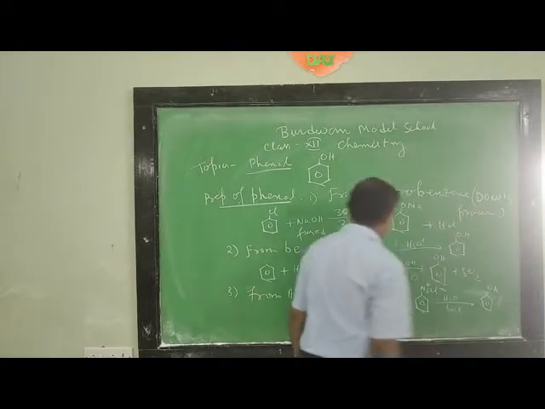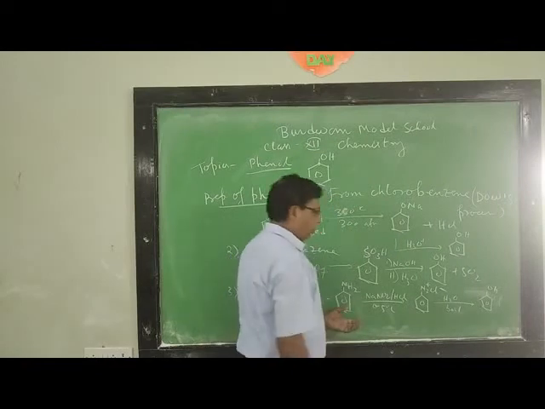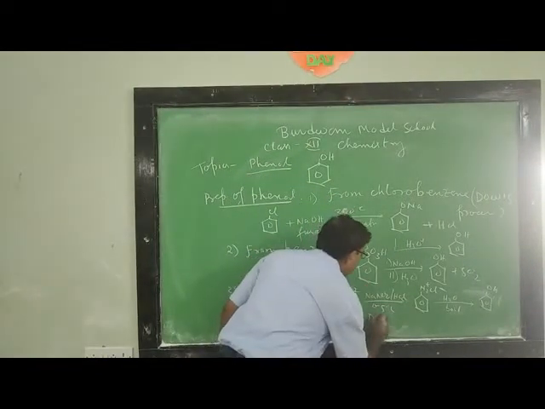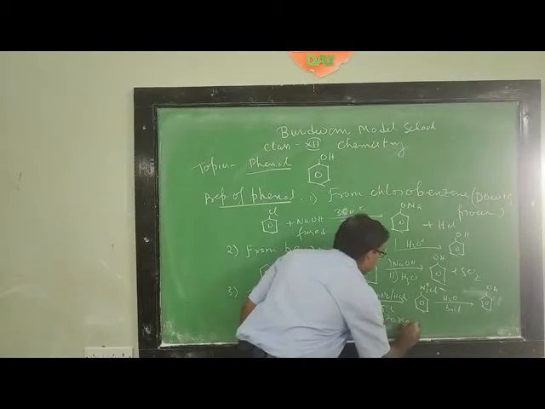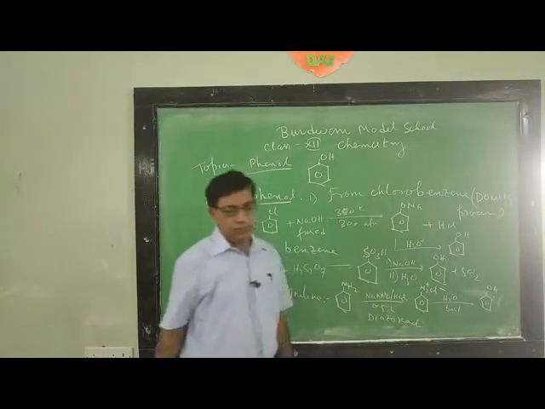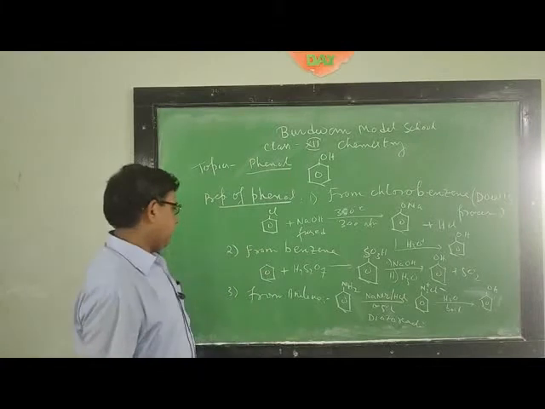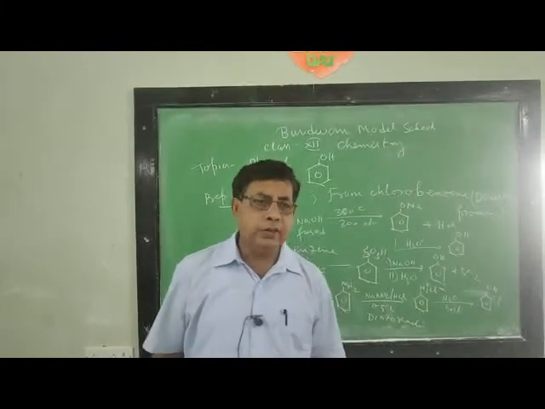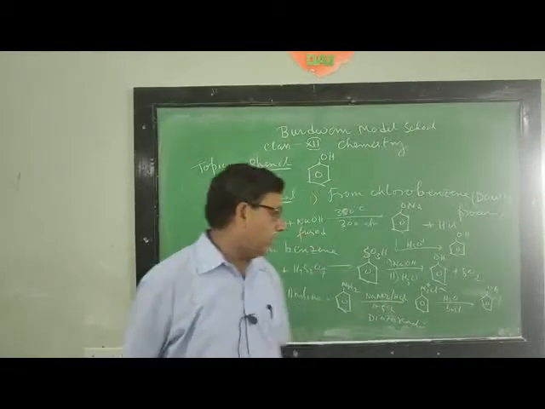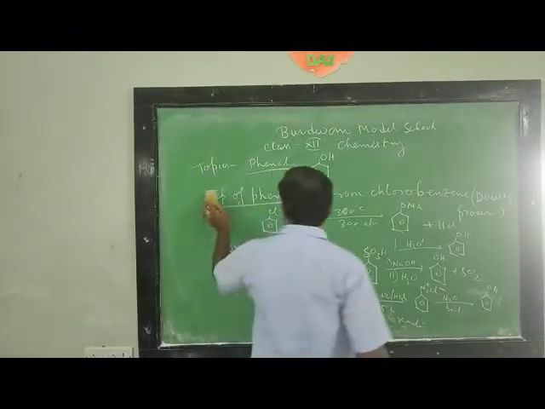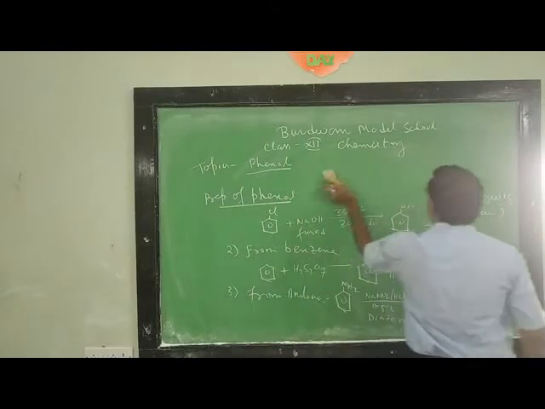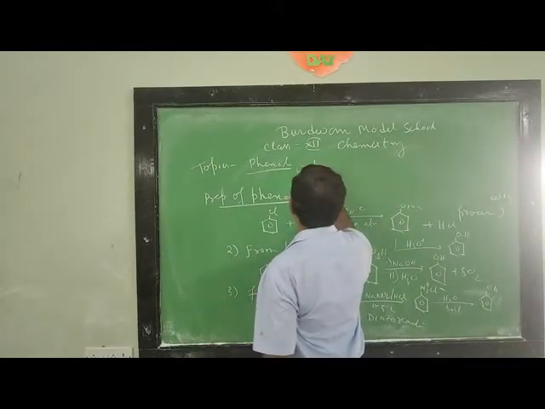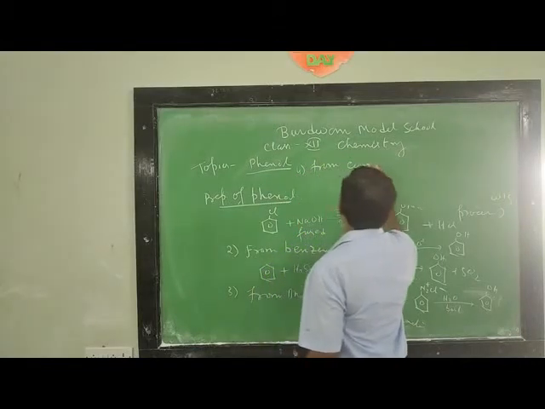This is a very important method, and this reaction, the conversion of aniline to benzene diazonium chloride, is known as the diazo reaction. So from aniline we first convert into benzene diazonium chloride by the diazo reaction, which on boiling with water gives phenol.